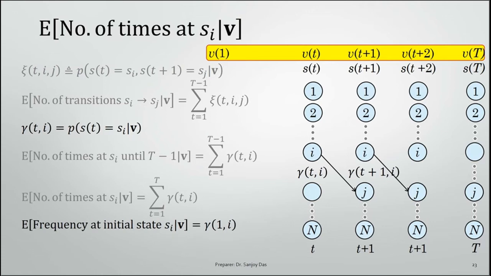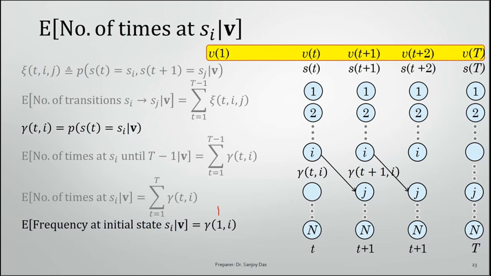Frequency, that is the expected number of times the HMM would be at the initial state Si, is by plugging in t equals 1 here, gamma 1i.